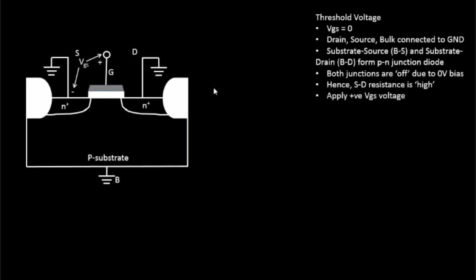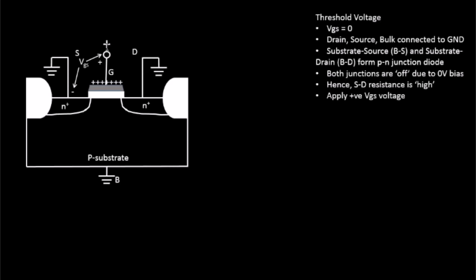Okay, so now what we'll do is connect one of the plates of the capacitor to the positive source, and we'll apply a positive gate voltage over here. So let's see what happens. We have connected the gate to the positive terminal of a voltage source.